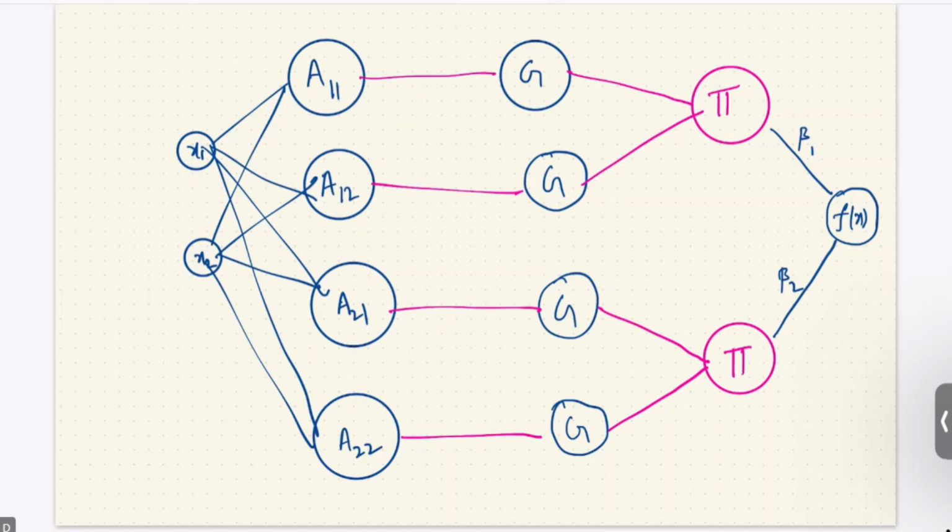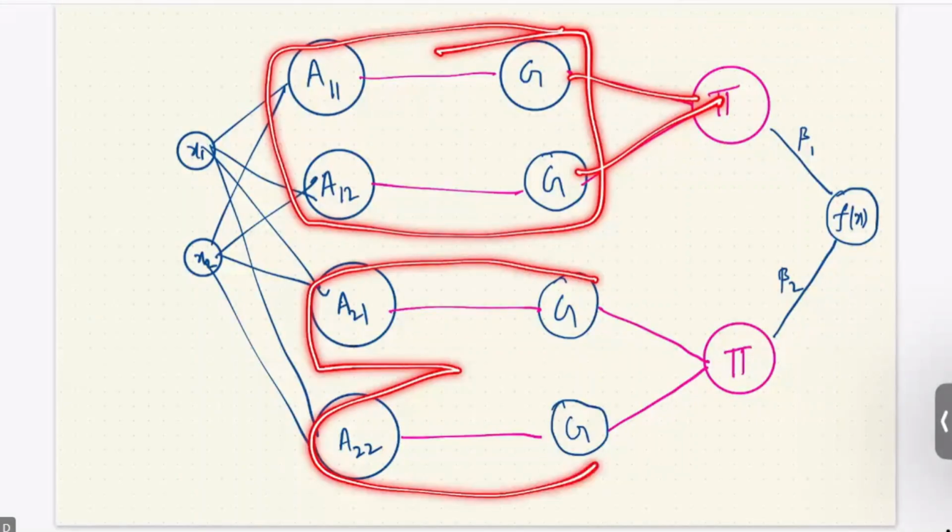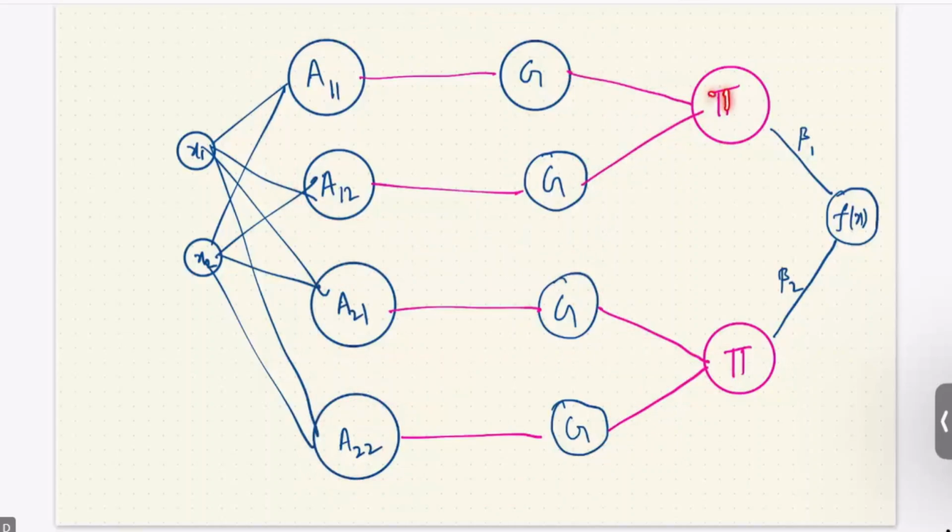So now the new thing is, earlier we had GA1, GA2, and all the things were collected together, but we are not doing that. This GA1, this GA2 come in this channel, and this GA group comes into the separate channel. So this pi is doing a product.